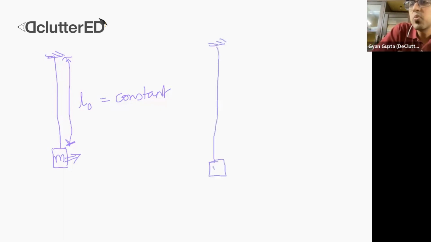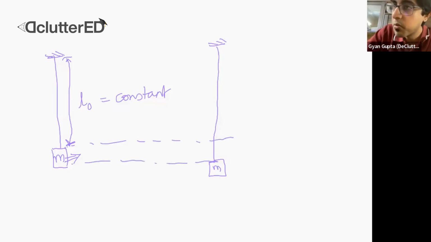Now the extension would not be this visible. I am just drawing this to show you the enlarged version of how it might look. This is a very, very small elongation, which we tend to ignore.